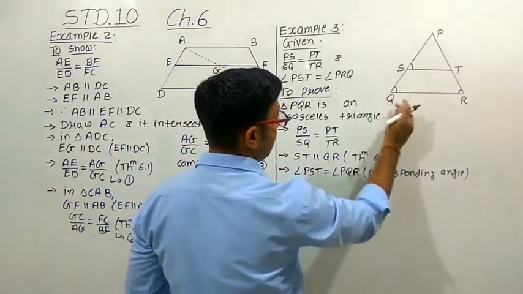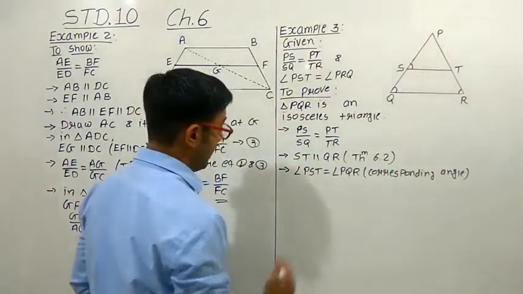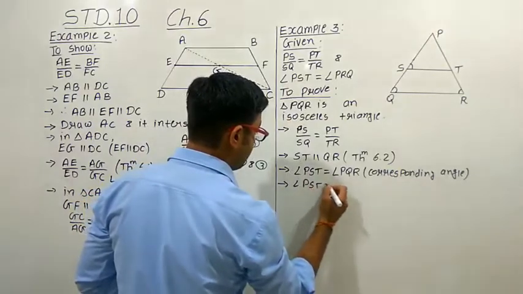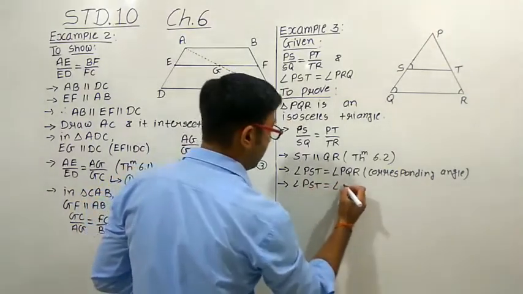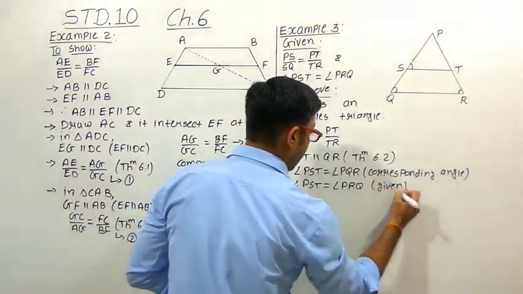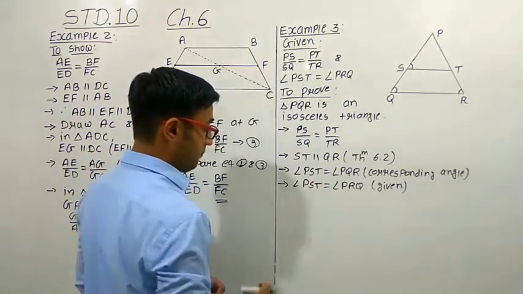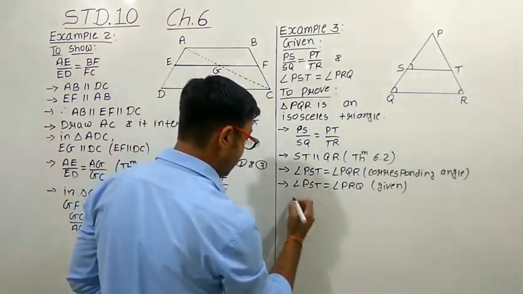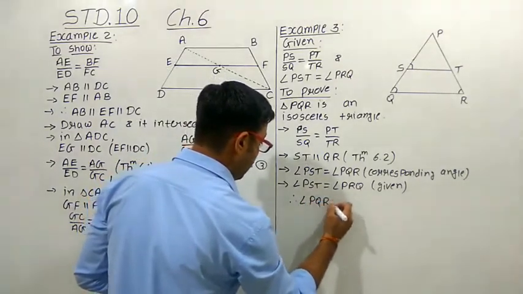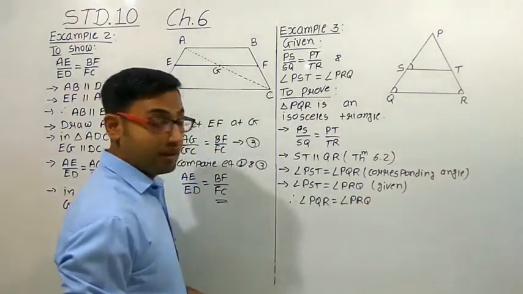So see, this angle PST and PQR are now equal. And whatever we have been given here is that angle PST is also equal to angle PRQ. So when we compare both these equations, we can write down that angle PQR is equal to angle PRQ, right?